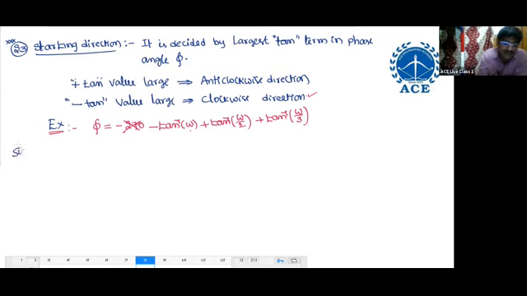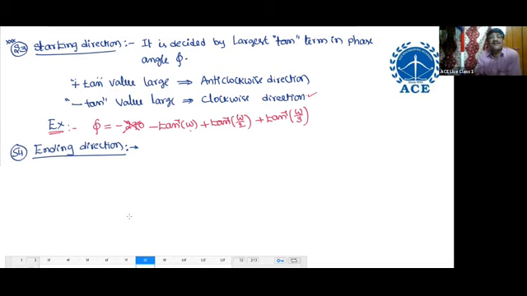Next, step 4, ending direction. For the ending direction, just count the number of positive and negative tan terms in the phase angle pi.